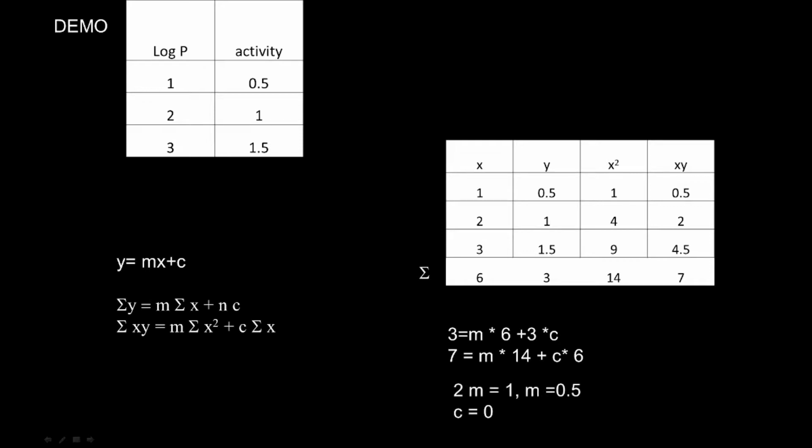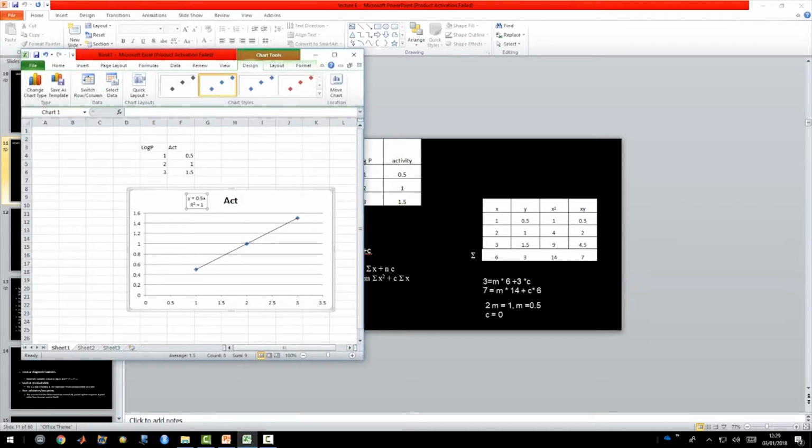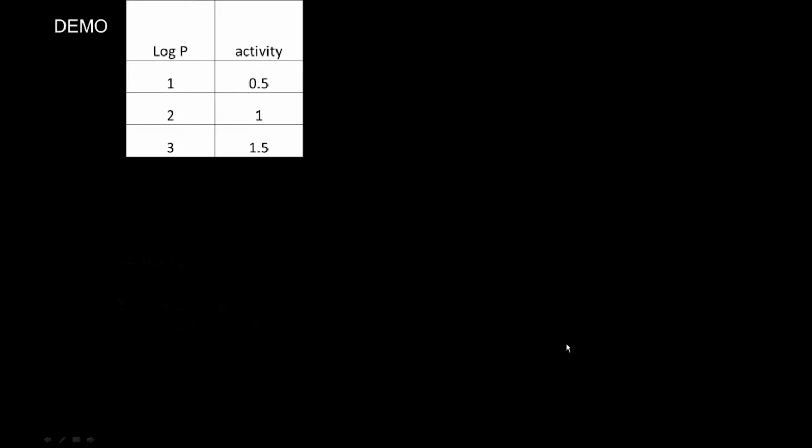We get m is equal to 0.5 and c is equal to 0. In fact, that's what we got in our Excel also, right? Okay, m is equal to 0.5, c is equal to 0. So this is the principle by which this particular thing works.